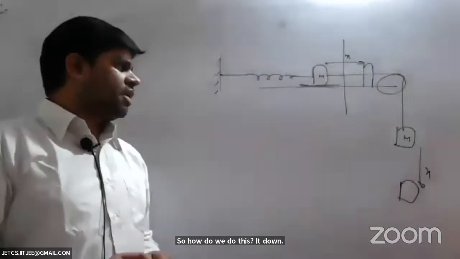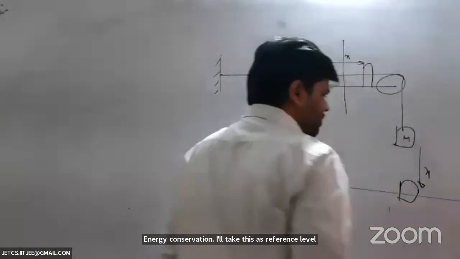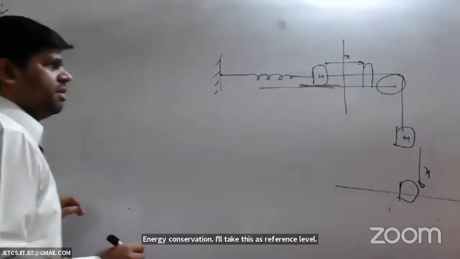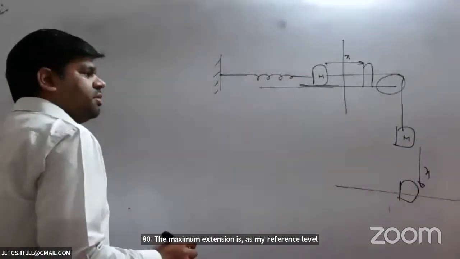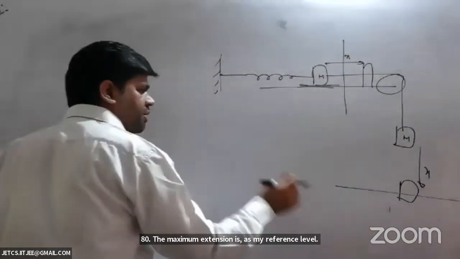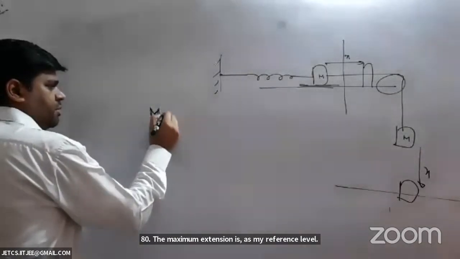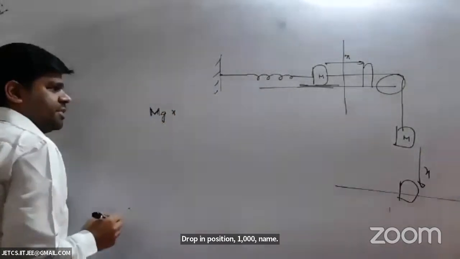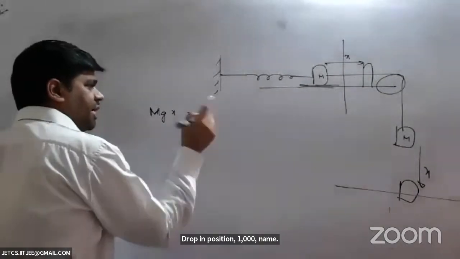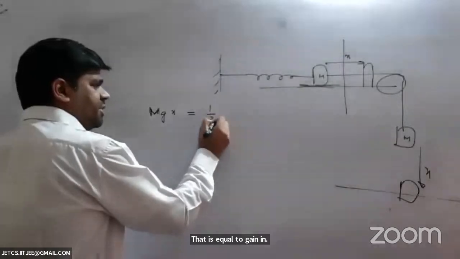Energy conservation. I'll take the maximum extension as my reference level. What is the drop in potential energy? mgx. That is equal to the gain in spring potential energy and kinetic energy. What is the spring potential energy?